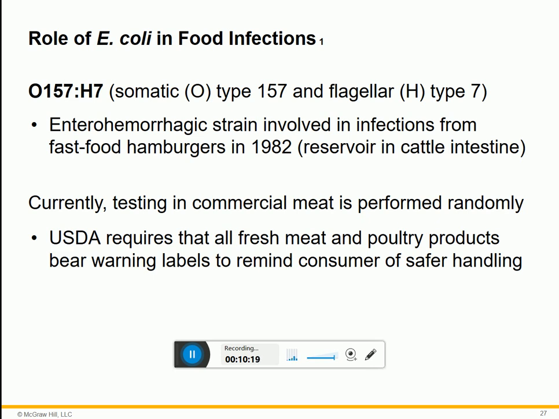Okay, so they kind of threw that responsibility back to the consumer as opposed to them being responsible for checking all of the commercial meat. Okay, so testing commercial meat is really done at random. Not every single piece of meat that is being sold has been checked for E. coli or for other infections. And again, that responsibility is basically up to the consumer.